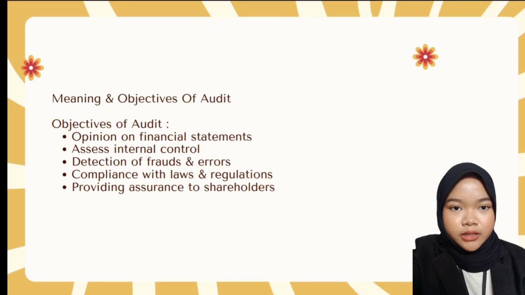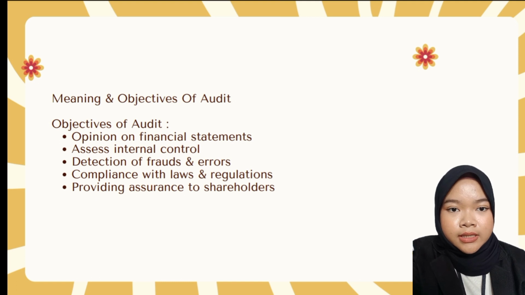Objectives of audit. Audit objectives are specific, clear, and measurable goals that auditors set before conducting an audit. The first one is opinion on financial statements. The main objective of the audit is that the auditor should express an accurate opinion on the financial statements, for example, whether the statements represent a true and fair view of the financial position of the organization or not.